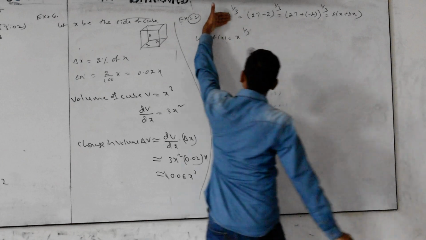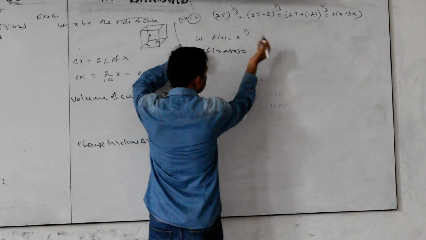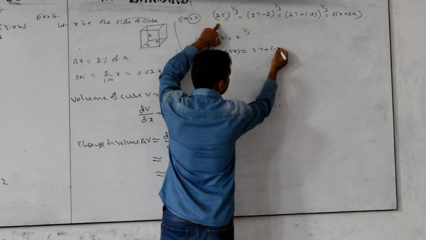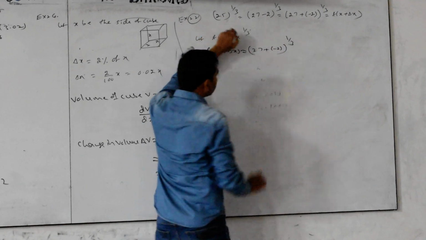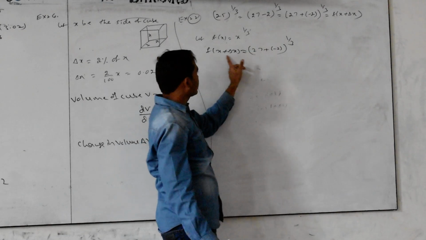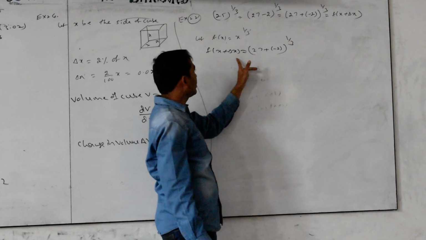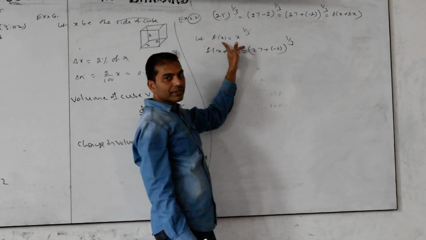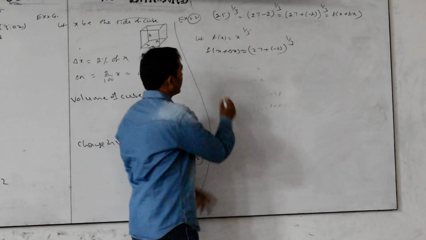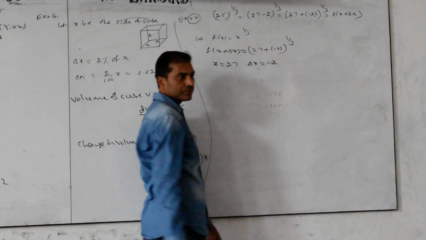When you take x, f of x plus delta x becomes 25, meaning 27 plus minus 2 whole power 1 by 3. X is replaced by x plus delta x. This is an approximate value. This is a function, so we should create the function first. Comparing, x is equal to 27 and delta x equal to minus 2.